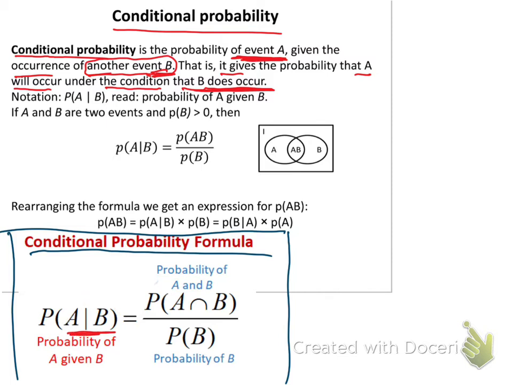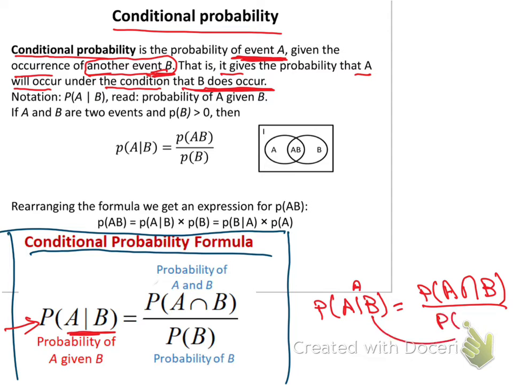Okay, so all we have to do here, if we find the probability of A given B, is just convert it: we say probability of A intersect B, just convert this to intersect, divided by the probability of the one after given, probability of B. That's it.